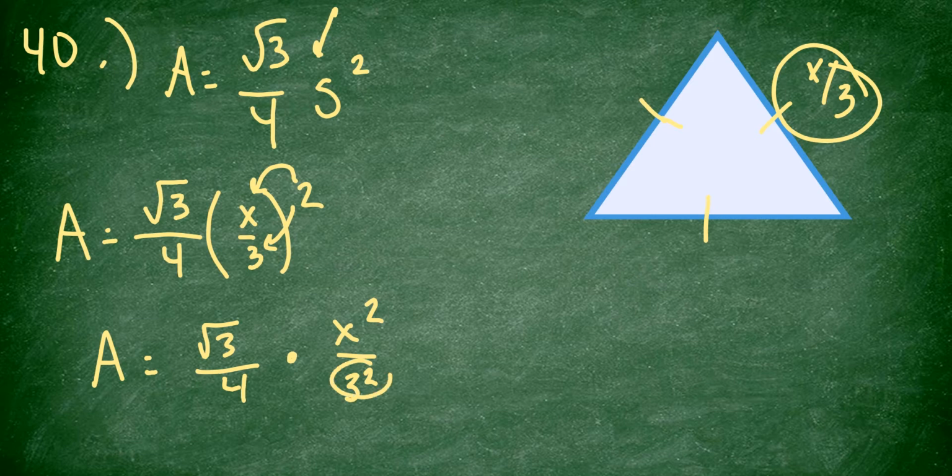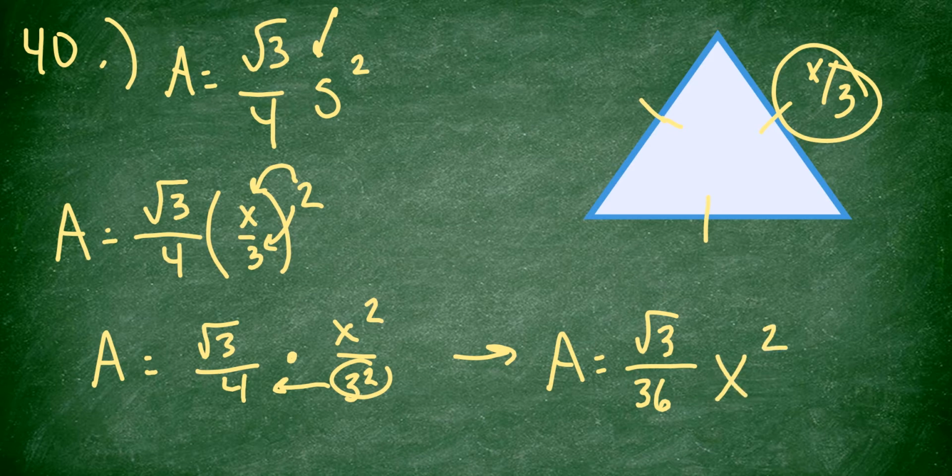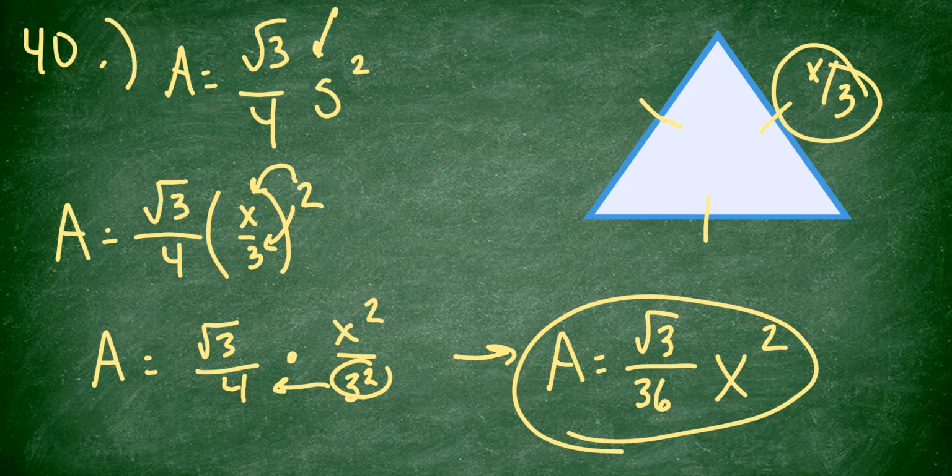I'm going to put the 3 squared with this, and I think the best way to write it is area equals radical 3 over 36, because 4 times 9 is 36, and then let's put the x squared right next to it. If you have the x squared on top of the fraction, that's fine too. There's a bunch of different ways to write it.